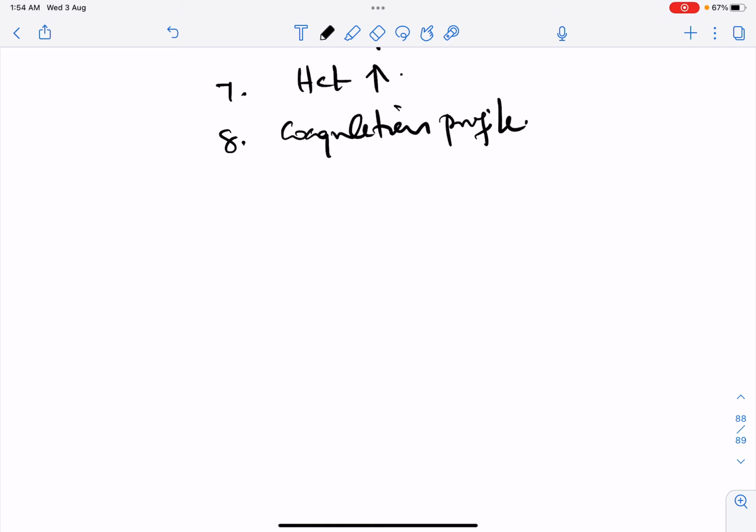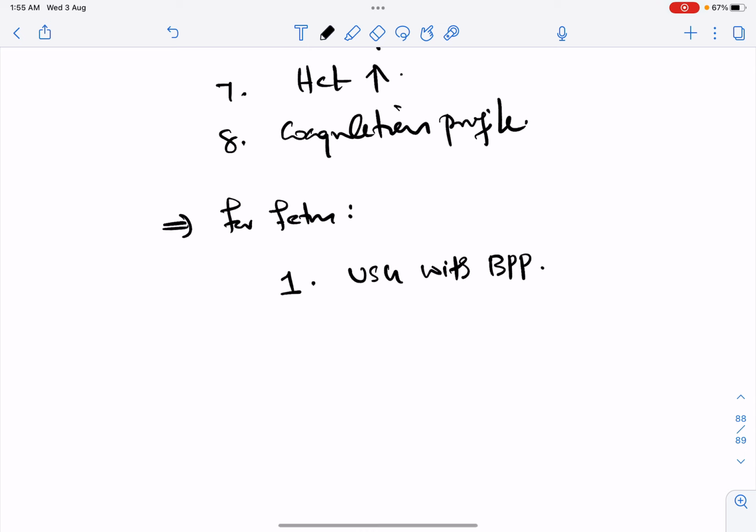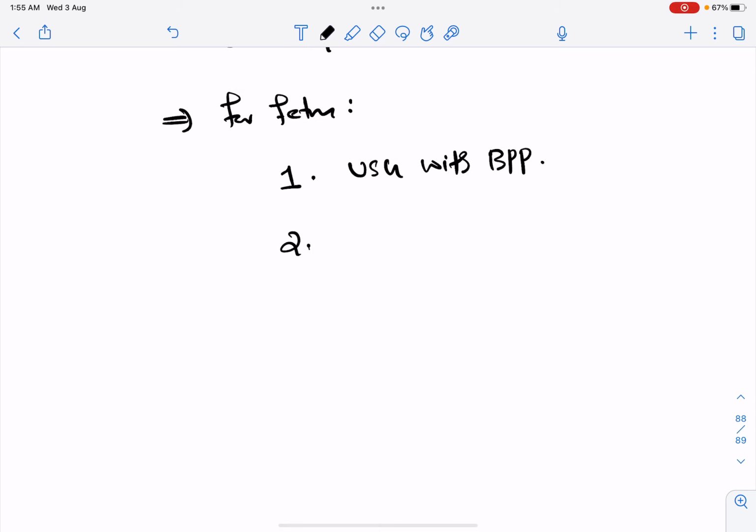Now for the fetus, we can do a USG with biophysical profile, and you can do umbilical artery Doppler.